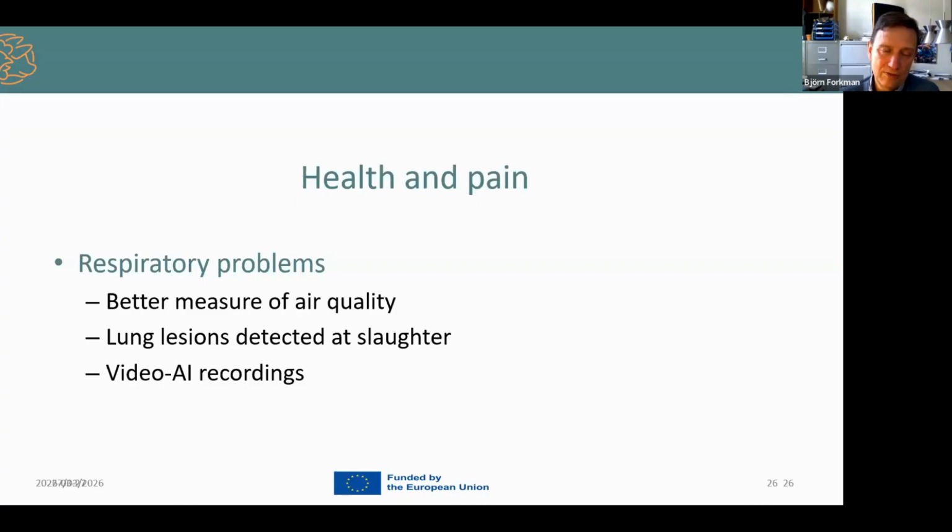You can use AI recordings, because coughing in pigs is related to respiratory problems and can be detected by microphones and analyzed using the AI. That's actually part of an aWISH project at present.